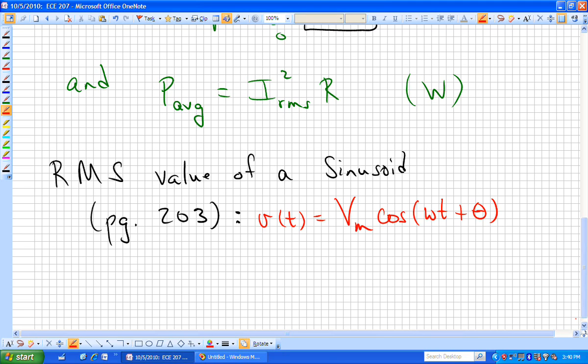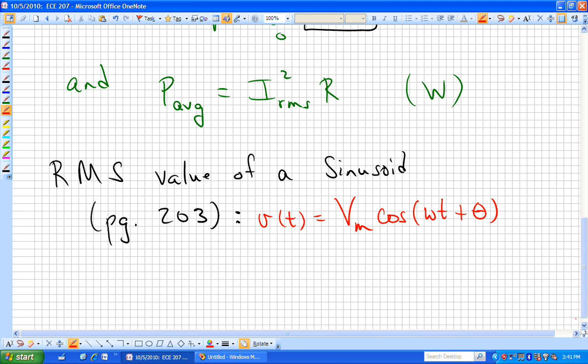Isn't theta, like that's the phase angle, isn't that usually phi? The question is, is theta usually phi? I don't know. It probably depends on your textbook. Notationally, I'm going to call it theta. Does the textbook call it phi? If it does, I apologize, but hopefully you'll know by context that we're talking about its phase angle.